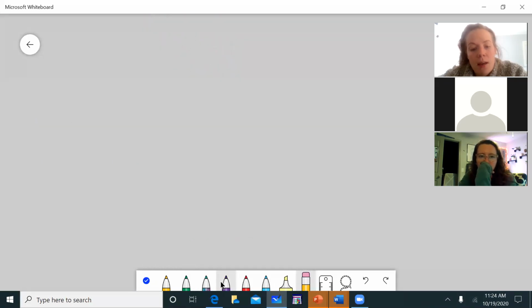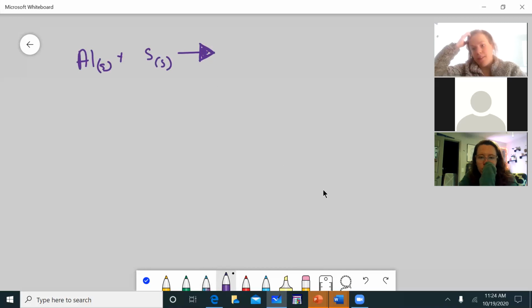So let's say we have aluminum combines with sulfur. I want you to write the combination product and balance it. If aluminum and sulfur are going to come together, they're going to come together to form what?